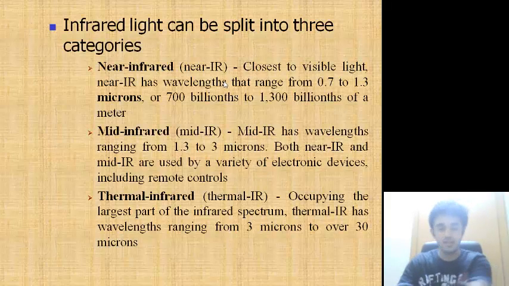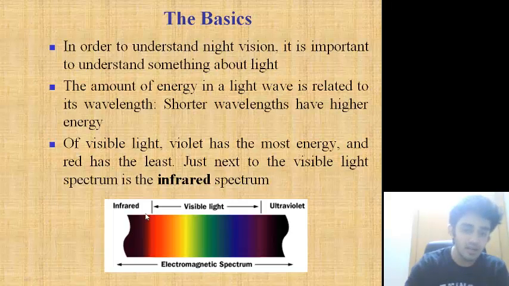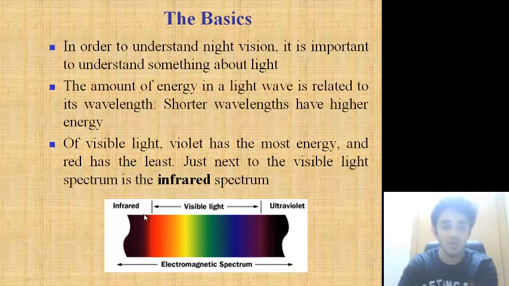So the infrared is categorized into three parts. The near infrared, which is right next to the visible light, has low energy because it has a slightly longer wavelength than the rest of the infrared rays. The next is the middle infrared rays, which is right here, which have more energy than the near infrared rays, and the far infrared rays, which cover the entire region up to the microwaves, have the most energy of the infrared ray spectrum.